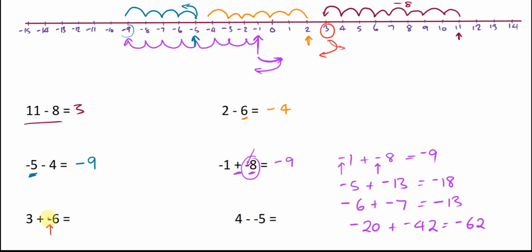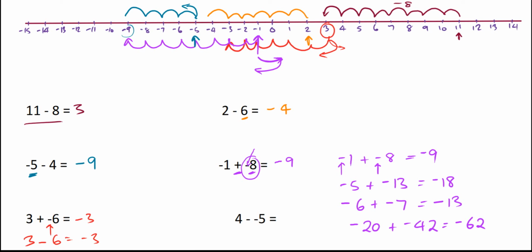So 3 plus negative 6, 1, 2, 3, 4, 5, 6, I will end up at negative 3. So another way of looking at this equation, 3 plus negative 6 can be written as 3 minus 6.